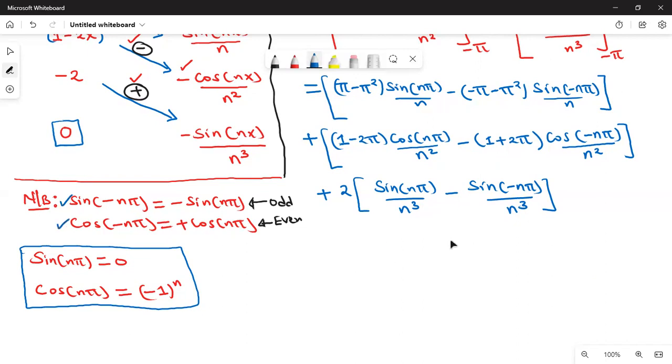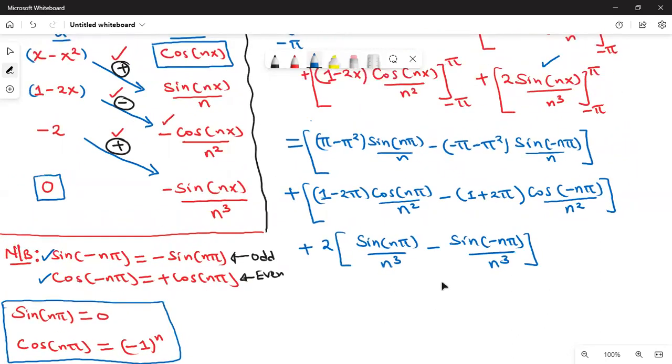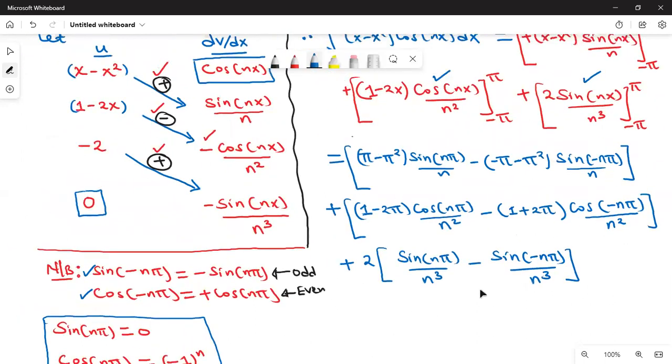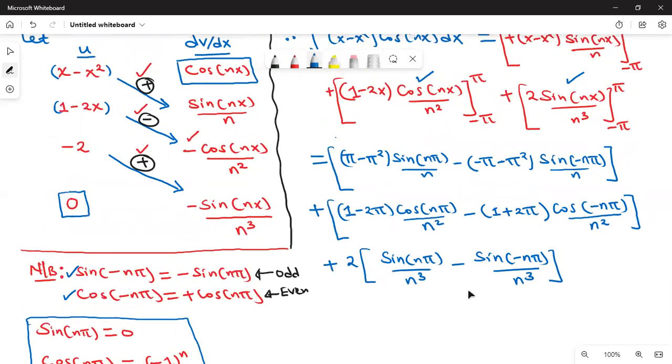So now let's go back here and simplify this. Wherever you see sine n pi or sine of negative n pi, those ones are zeros. So where we have sine, this will be 0, they'll vanish. Even this will vanish.